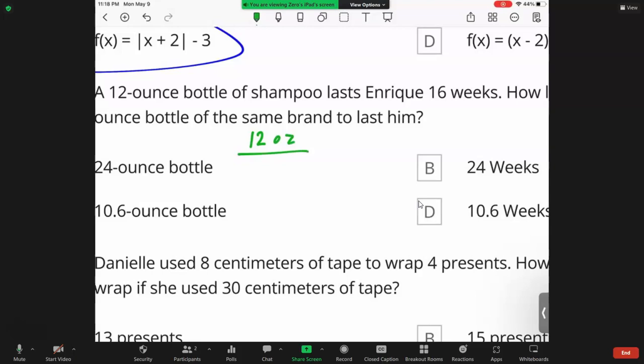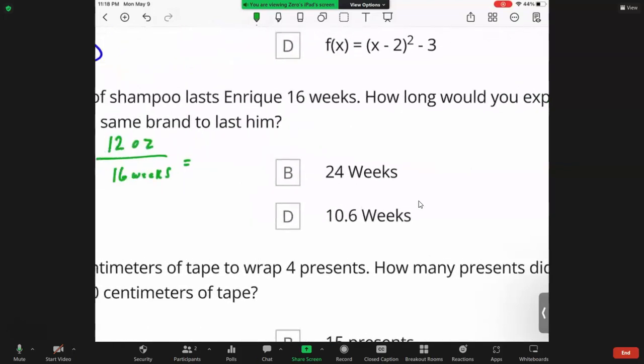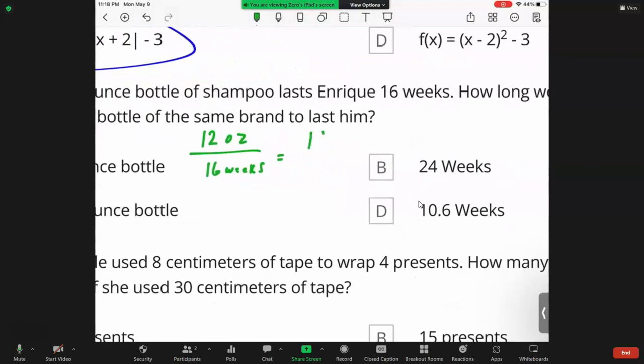That lasts him 16 weeks. We want to know an 18-ounce bottle. So where does 18 ounces go? Ounces go on top. And it is x, right?